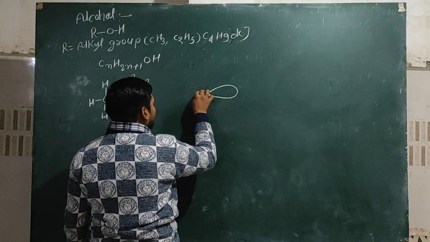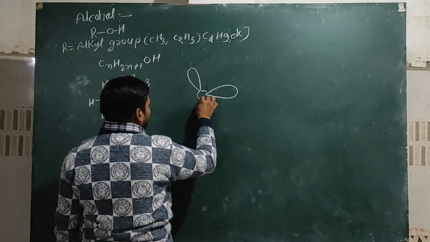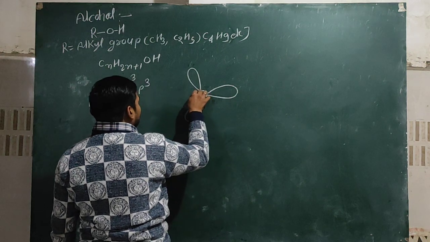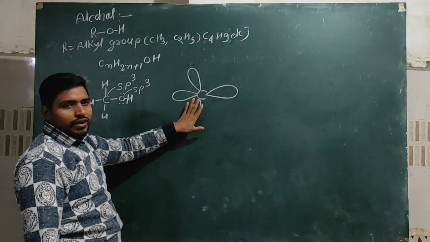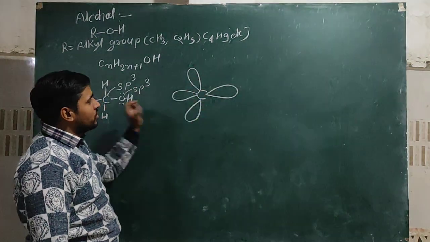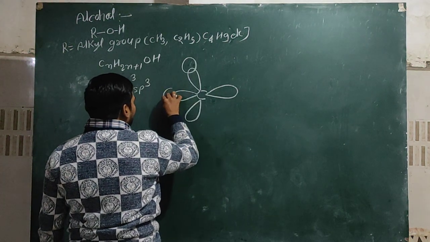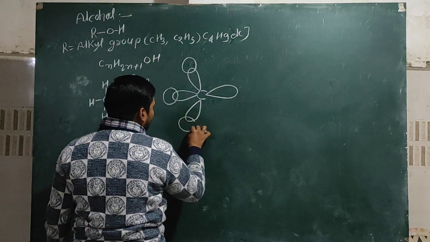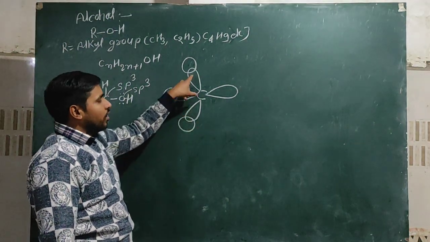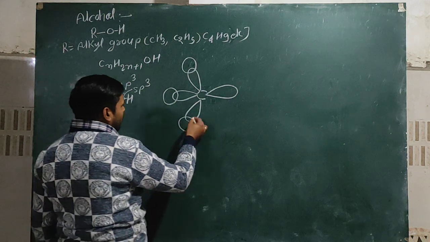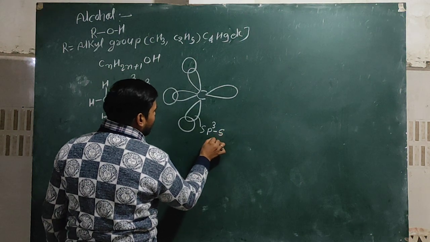In this situation, this carbon atom contains this type of structure, and this is an sp3 hybridized structure, in which hydrogen and hydrogen, one hydrogen atom directly attaches with each sp3 hybridized orbital to form an sp3-s sigma bond.